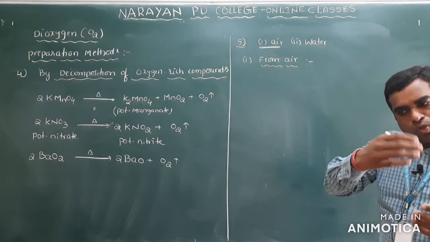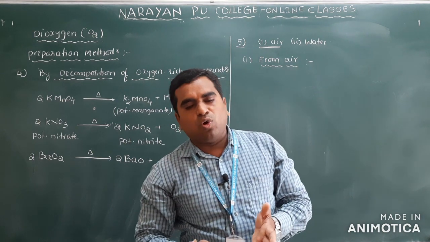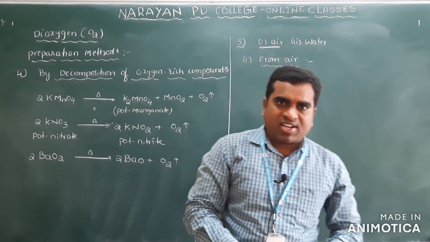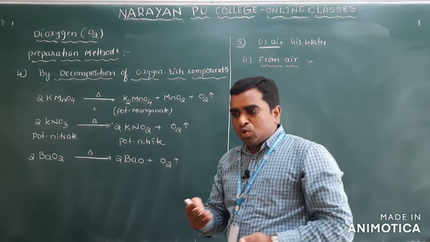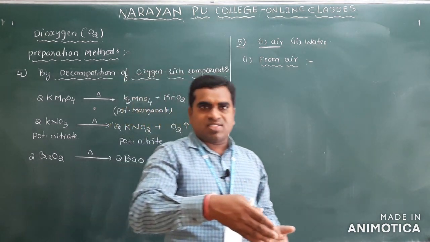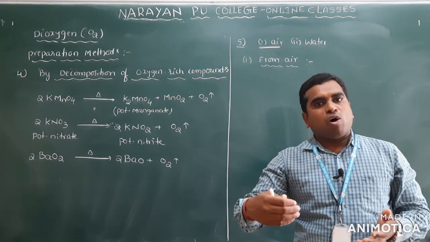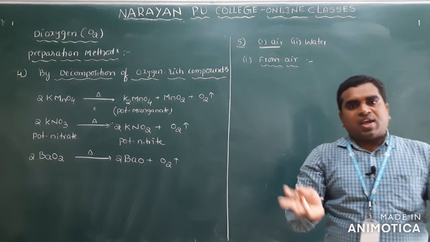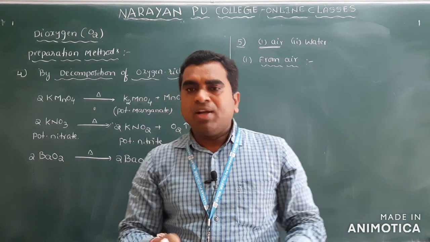Then do the liquefaction, and after that, when it is in liquid form, do the fractional distillation. The liquid contains both nitrogen and oxygen. Nitrogen has a lower boiling point than oxygen, so it will be distilled first and leaves the oxygen behind. After removing all the nitrogen, you can collect the oxygen in the form of liquid. Clear? So that is the preparation.